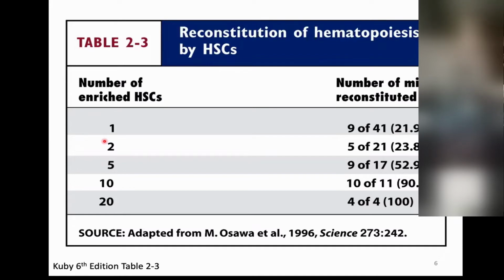My guess is that in most of these cases, 1 or 2 cells probably would have worked. It just gets really hard to do the injection perfectly when you're injecting 1 cell. So these hematopoietic stem cells are pretty strong and pretty able to give you basically an entire system from that 1 cell type. So that's pretty cool.